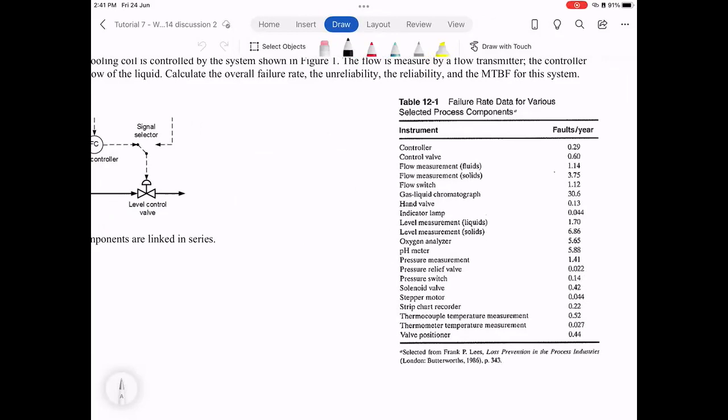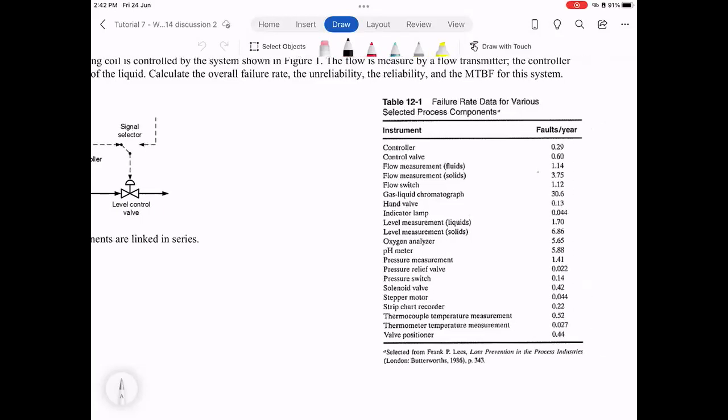They also estimated the faults per year, meaning the failures per year, of each of these individual instruments. What you are seeing here are instruments. They are part of the process, but they are instrumentation of the process, mainly on the control system. You have come across all this in another module called process control and instrumentation. So the whole list here is the process components, and these are the instruments. The faults per year here is what we call mu.